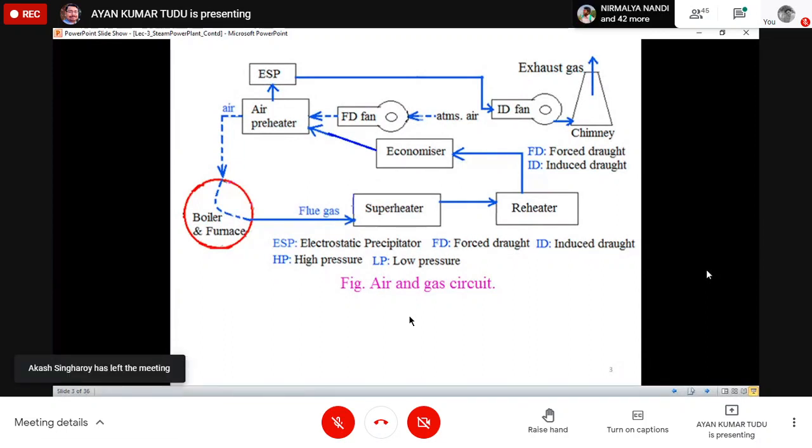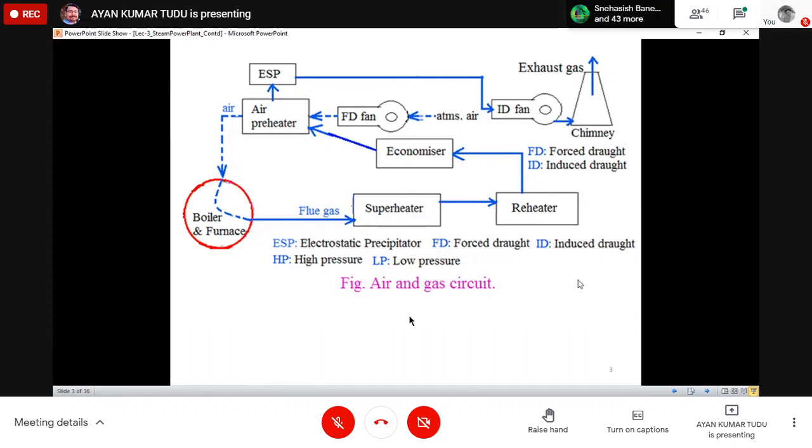The air that is entering is at atmospheric pressure, but its pressure is increased by the FD fan, and a negative pressure within the plant is maintained through the ID fan, so that the flue gases produced in the boiler pass through the superheater, reheater, economizer, air preheater, and ESP, and go out through the chimney to the atmosphere again. Understood? This is the air and gas circuit.